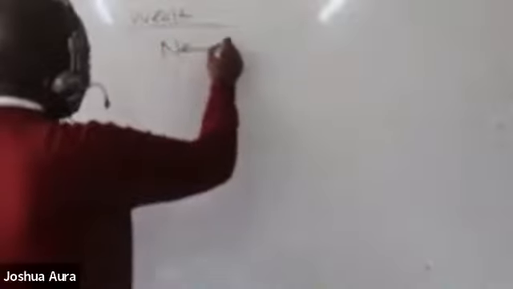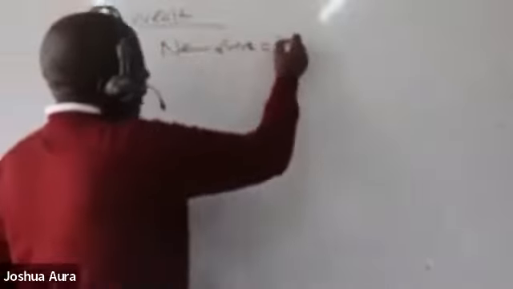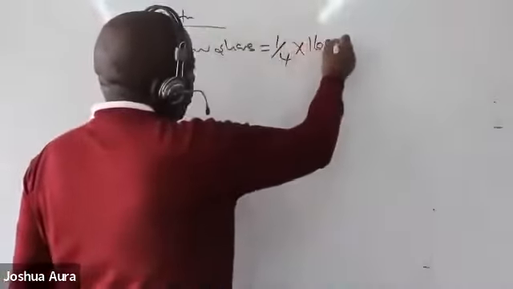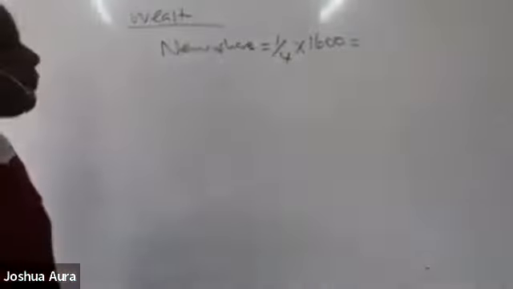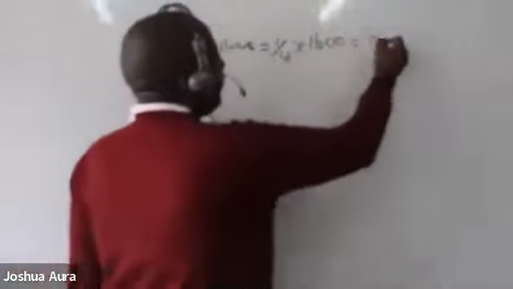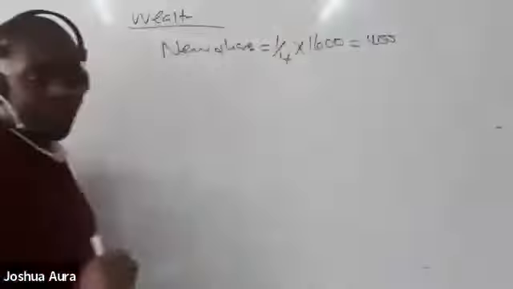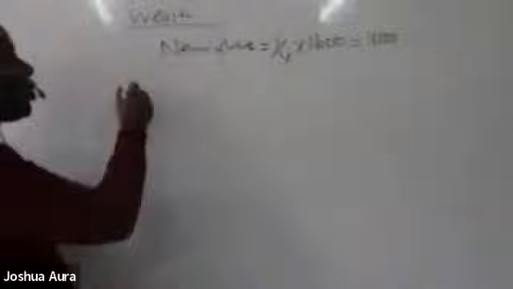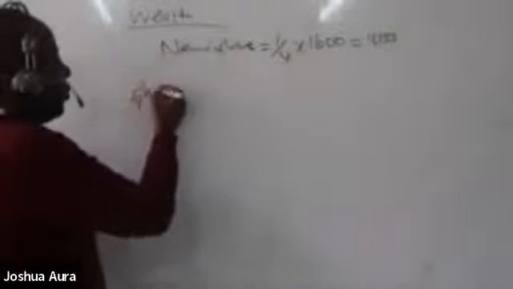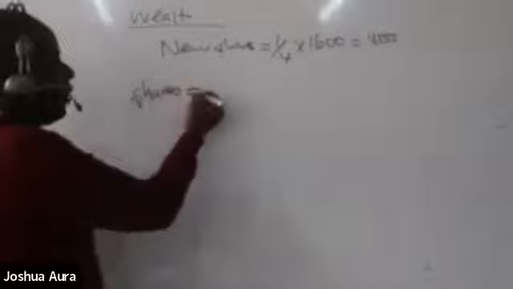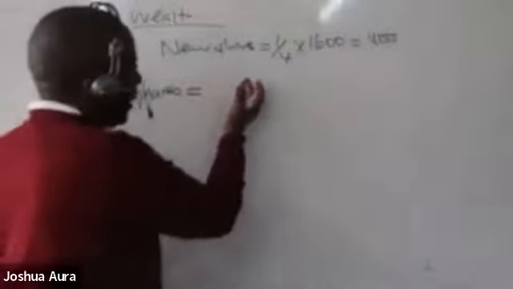So the new shares, first of all, will be a quarter over the ones you have, isn't it? A quarter of 1,600, which will be how many? 400. So then the balance sheet valuation, we talk over the value of shares. How many shares does this guy have here?